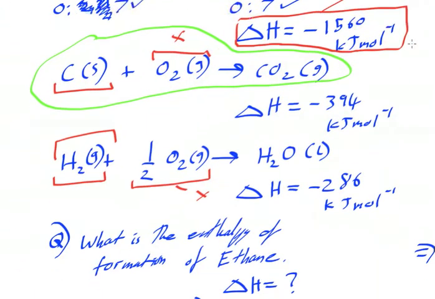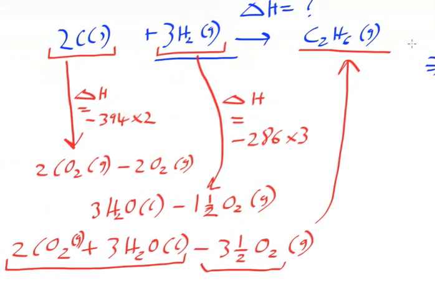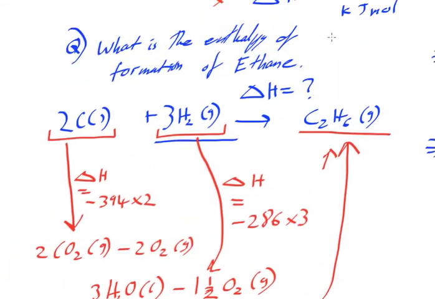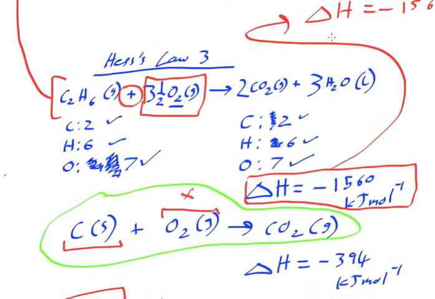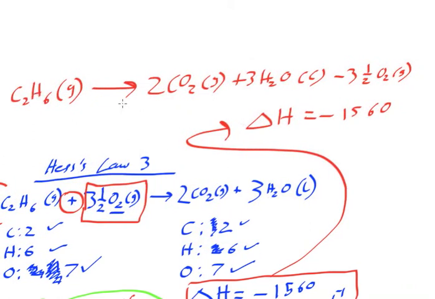Okay. Now, is that what I've got down in my thing here? Not quite, because what I've got here is the arrow going in this direction. The arrow is going to the C2H6, and up here the arrow is in the other direction. It's from the C2H6. So I'm going to have to flip this round.